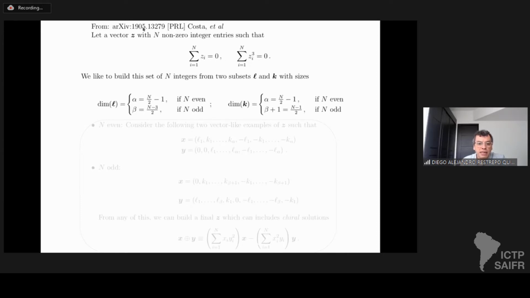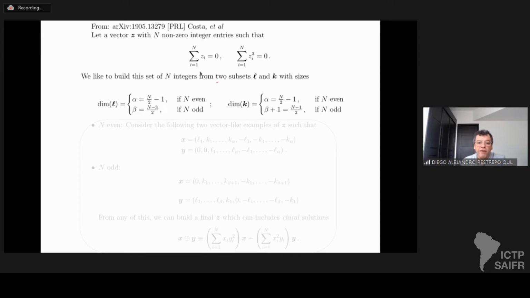And recently, in this paper, these people developed a method to explore all the solutions more easily. The idea is that instead of working with n integers, it is better to work with a set of 2 integers, which has a rather low dimension.